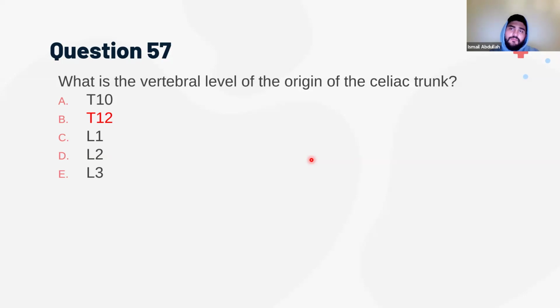And superior mesenteric? Yes, L1. Okay, so what is the structure that is inferior to the superior mesenteric artery? What do you think? Yep, the left renal vein.